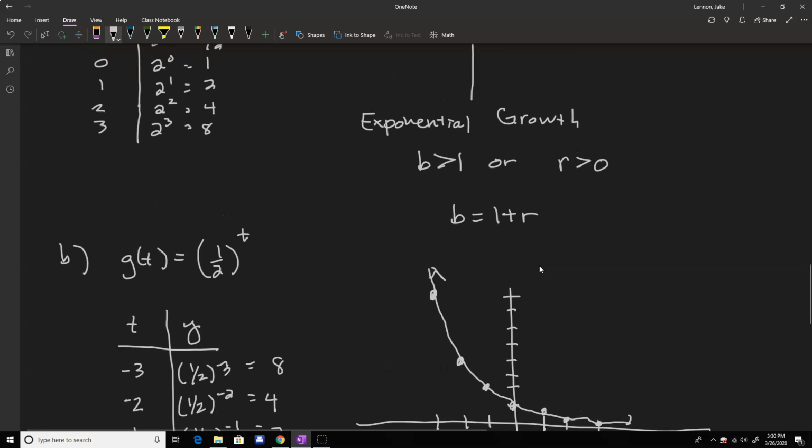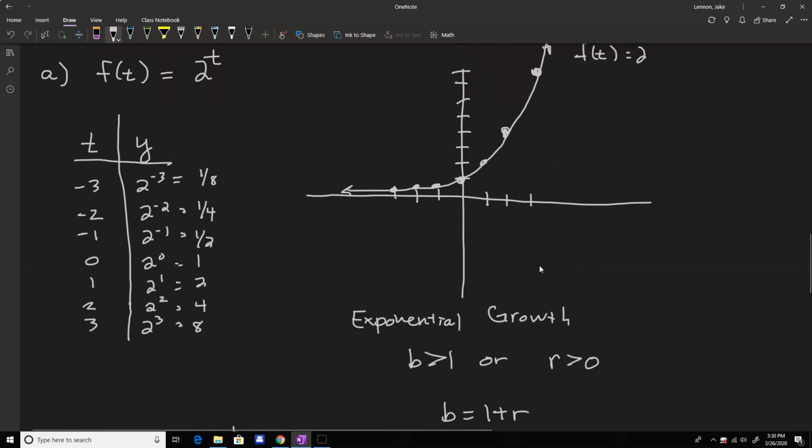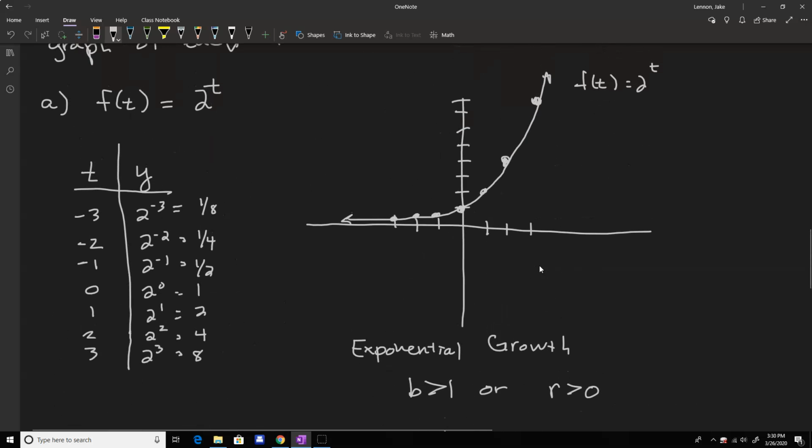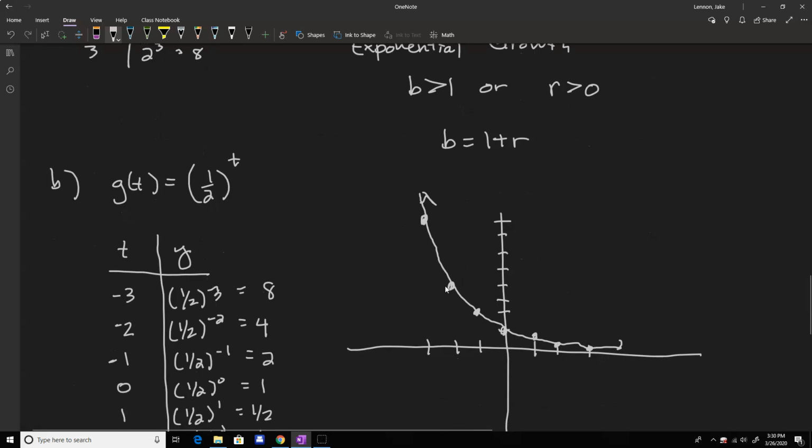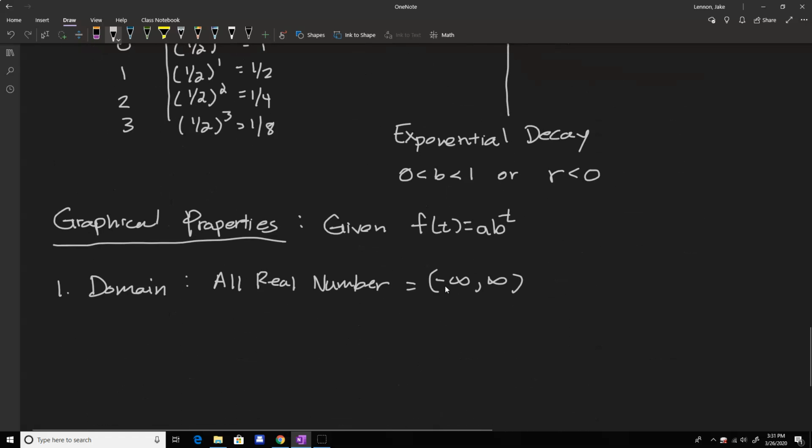When we look at the range, those are all the possible y values. If you look at the domain, it's going everywhere to the left and to the right. But when you look at the range, you're asking yourselves how far down and how far up does the graph appear? Well, the exponential quantity is always going to have a positive output value. So our range is in fact just the positive real values. So this is going to be 0 to infinity.